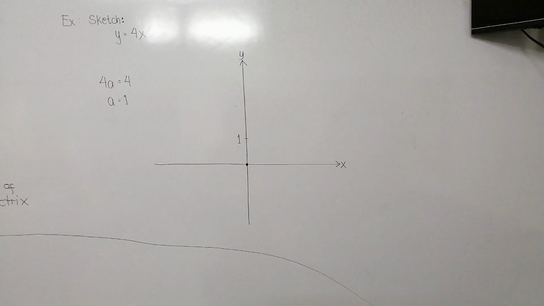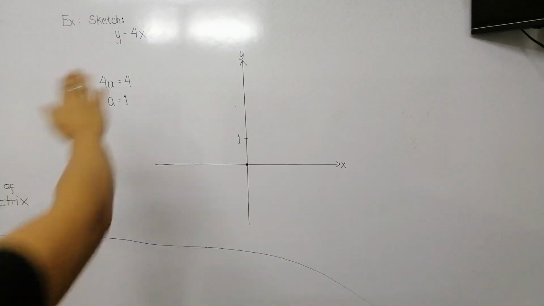This time, let us now try to solve an example of parabola with vertex at point of origin or 0, 0, and it opens upward. So that means the standard equation is x squared equals 4ay.